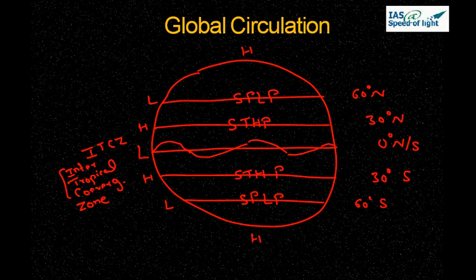Now between 30° north and the equator, we have winds of this direction, which are the northeast trade winds.